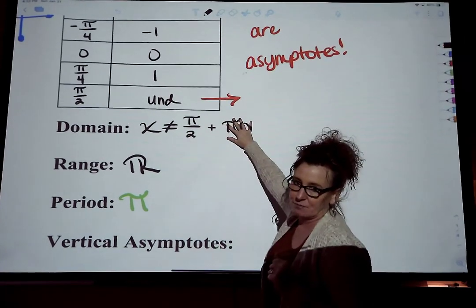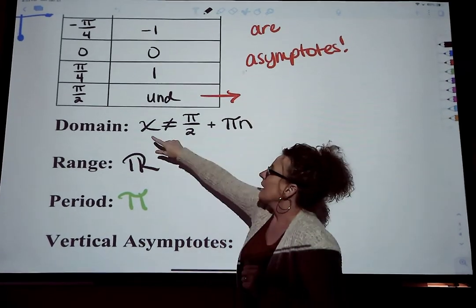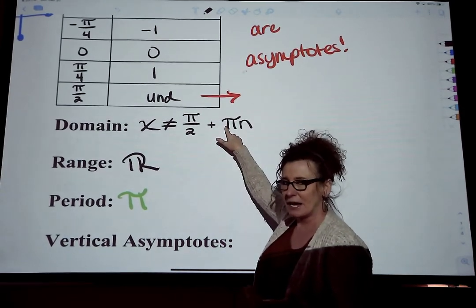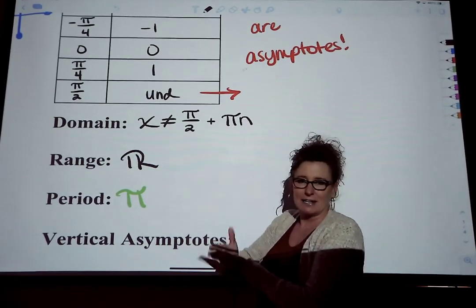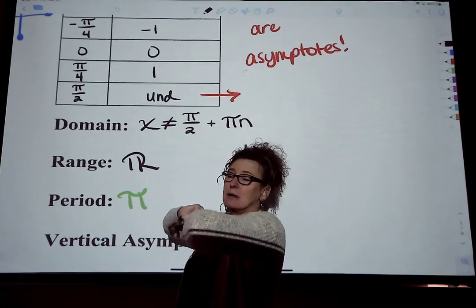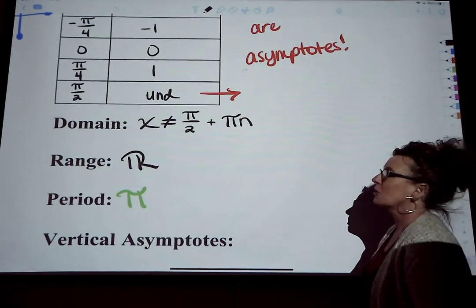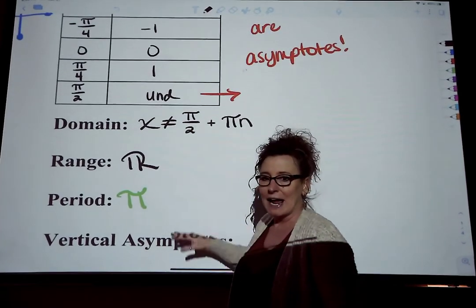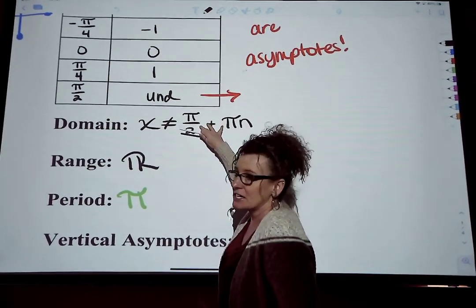You knew that already. What if n is 1? x can't be 1/2 pi plus 1 pi. So x can't be 3/2 pi. So these pi increments, this is where the repeat comes in. This could be negative. That's what sends us back the negative direction. x can't be negative pi over 2, negative 3 pi over 2, and so on and so on. So, if my domain excludes these, where are my asymptotes located? Our asymptotes are located at these locations.